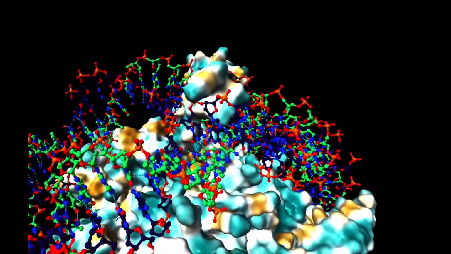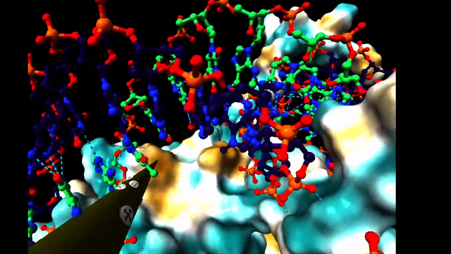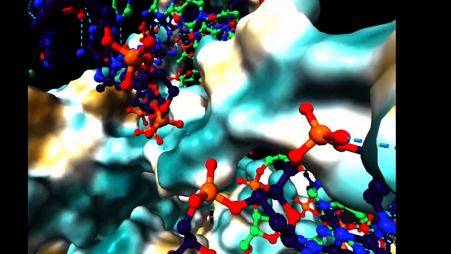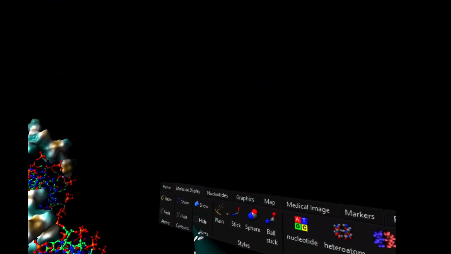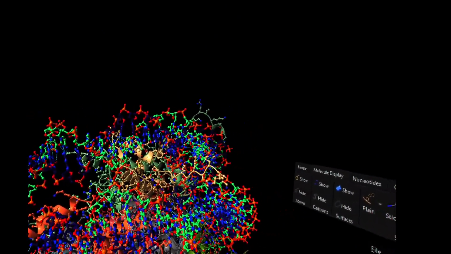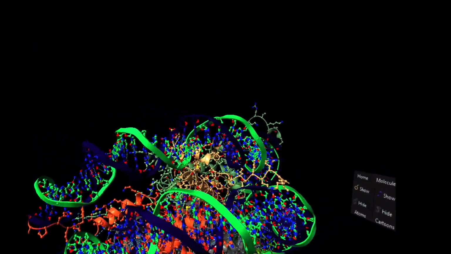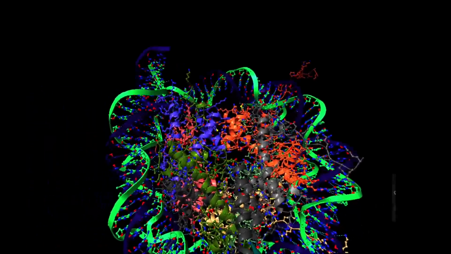So first of all, let me hide the sphere and hide the atoms. And now focusing on the hydrogen bonding actually happening within the complex itself, which again is a complementarity to the electrostatic nature of the interaction between the DNA and the protein.